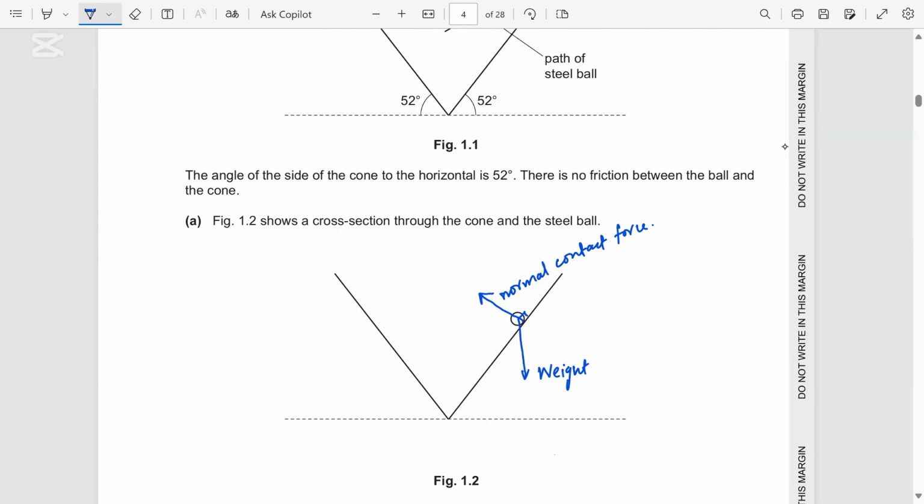So what's going to happen here is basically this. If we have something of this sort, this is the component which balances the weight, and this component precisely is the centripetal force, right, towards the center of the circle.